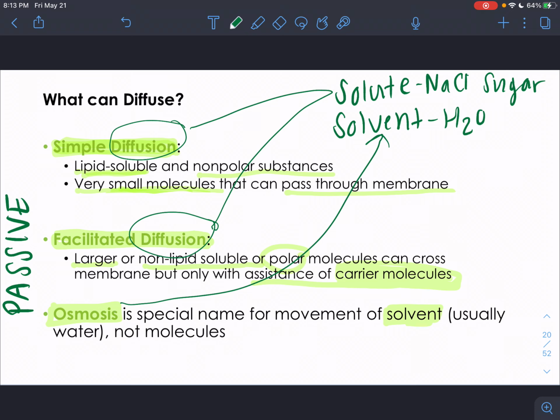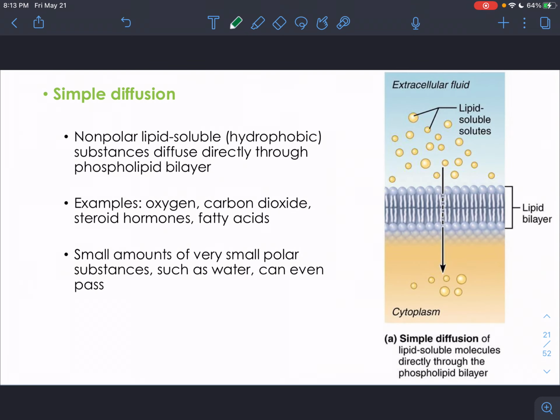Okay, so let's talk a little bit more about these three types of passive transport. Simple diffusion, like I said, needs non-polar, lipid-soluble, hydrophobic molecules. Remember, in the middle of that lipid bilayer, those tails are non-polar, hydrophobic lipids. So in order for something to get through that middle hydrophobic area, it also has to be non-polar.